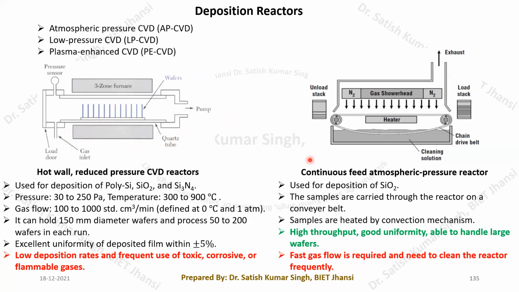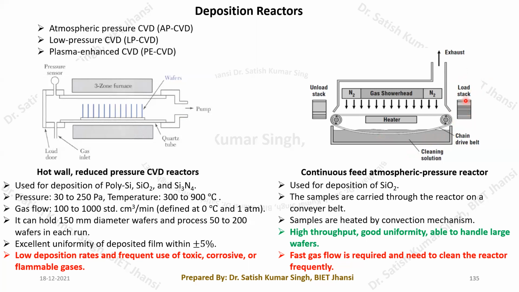Here you can see we have another system, which is the continuous feed atmospheric pressure reactor. It is an APCVD technique. As I said, generally APCVD suffers from non-uniformity of the thickness of the deposited layer. So here you can see the mechanism. We generally have a load stack where we have our wafers.